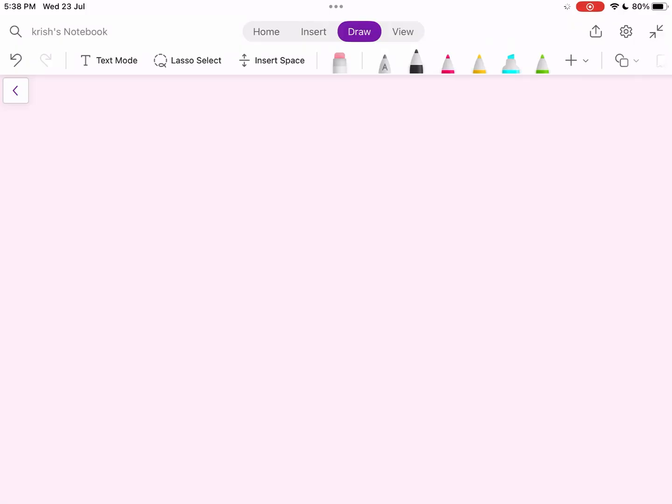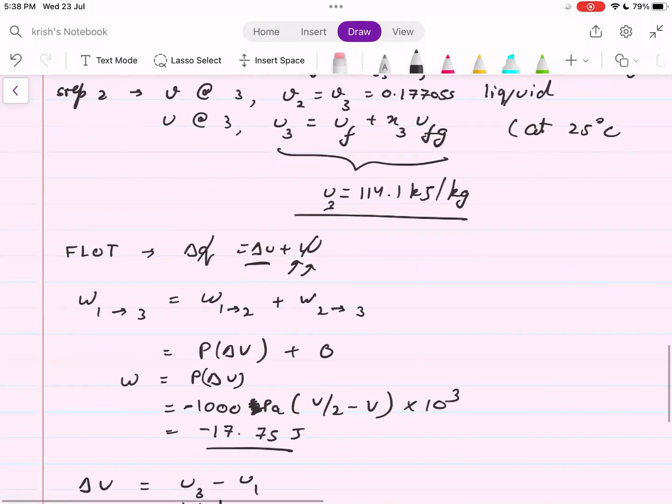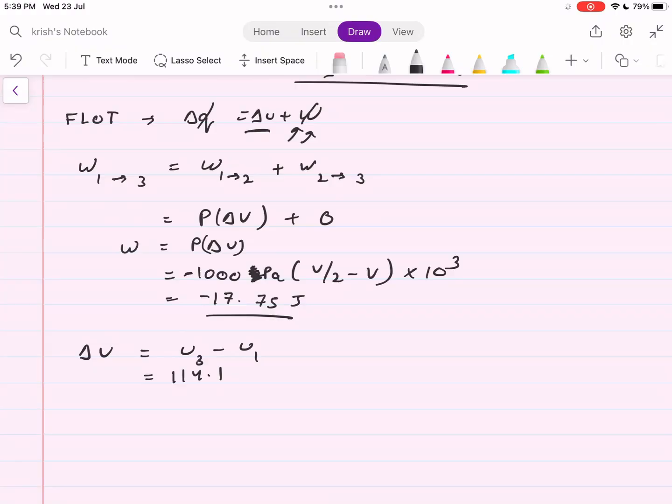So 114.1 or close to this value, you can also get 114.2 or something, minus 3124.24 or 34 or something like that, right?